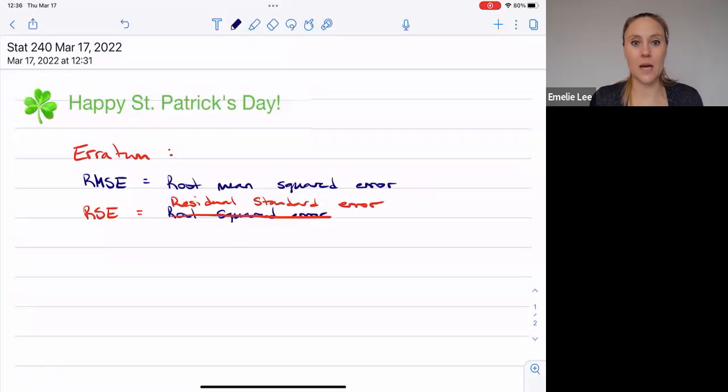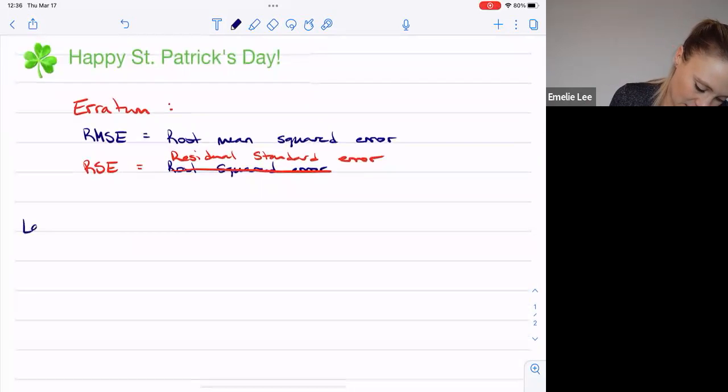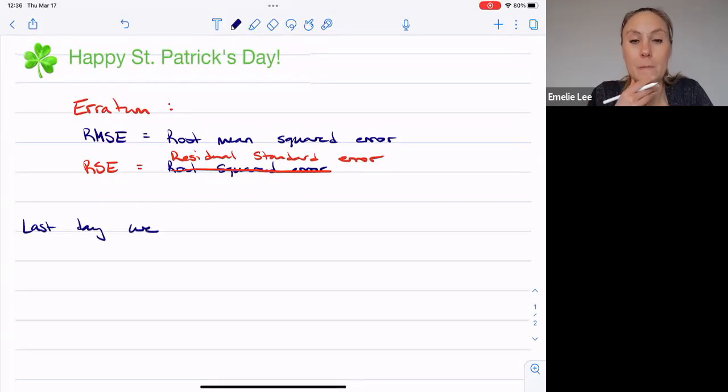Okay, so picking up where we left off, right? Last day we established some common model assessment metrics. How well does our model fit our data?